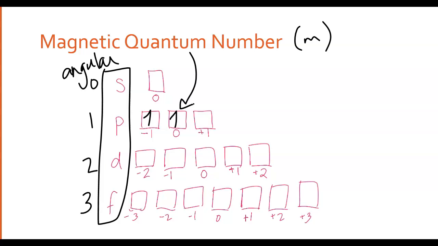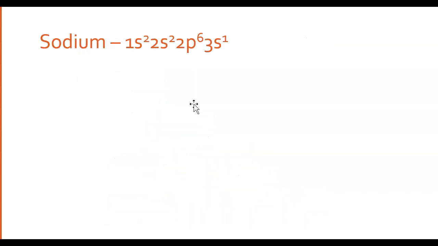So let's do a few examples. Sodium is going to be our first example. Whenever we look at sodium and we're trying to determine which electron we're looking at, we are designating this electron. So for our first quantum number, which is going to be our principal quantum number, or n, our first one will be 3.